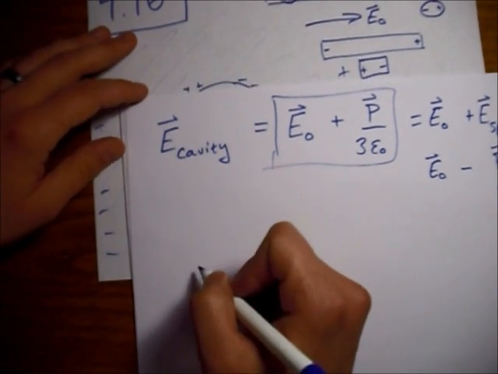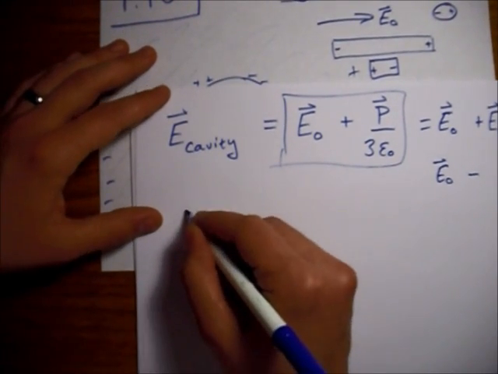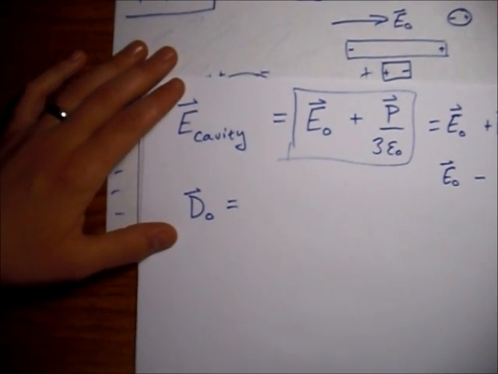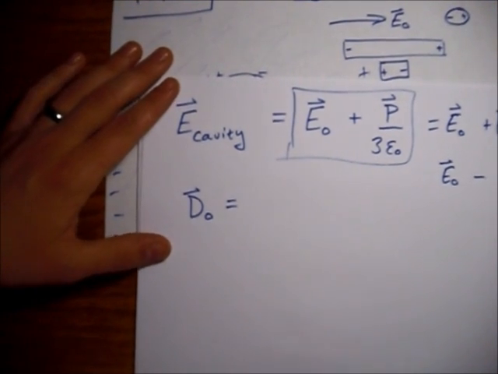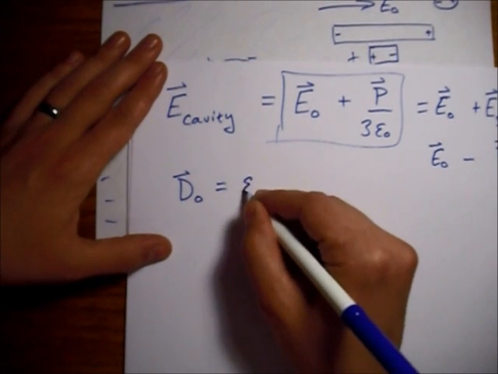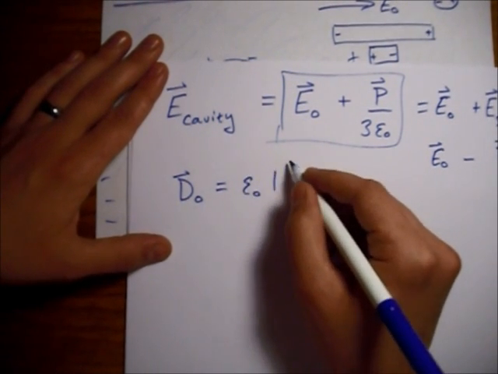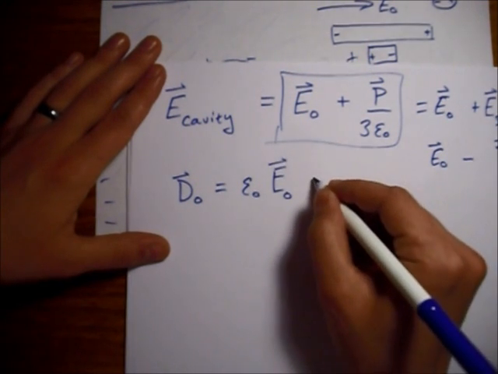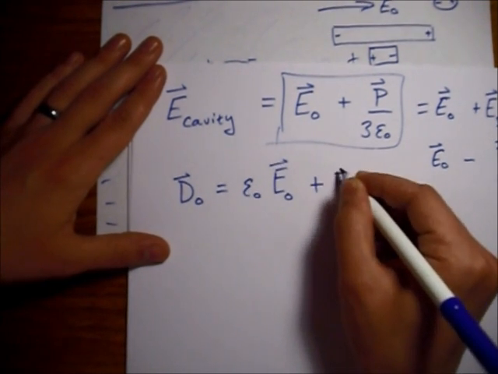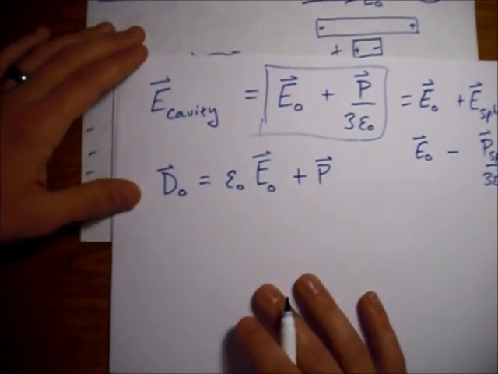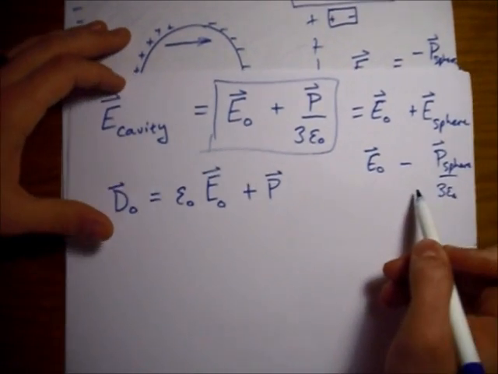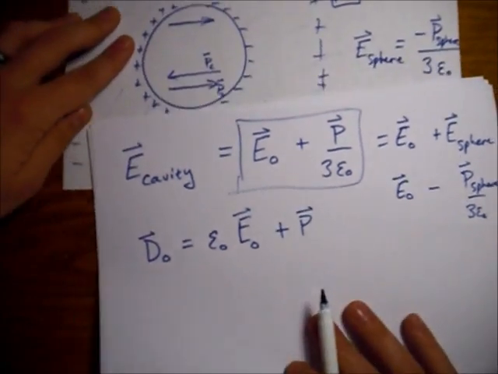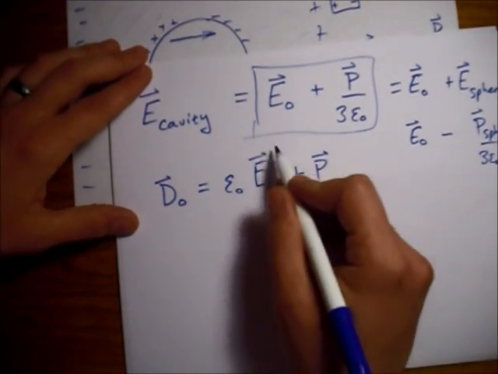If we now look at D, first let's write out D naught. This is given straight in the problem, equal to epsilon E naught plus this polarization. Well, now we know what the new E is.